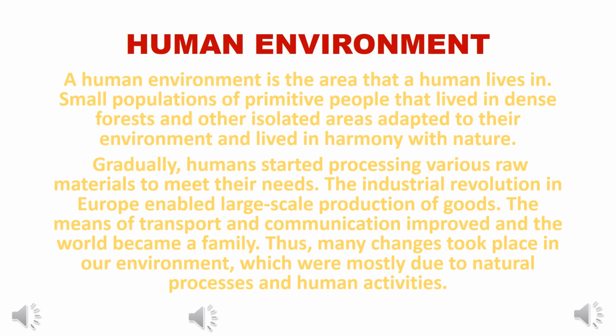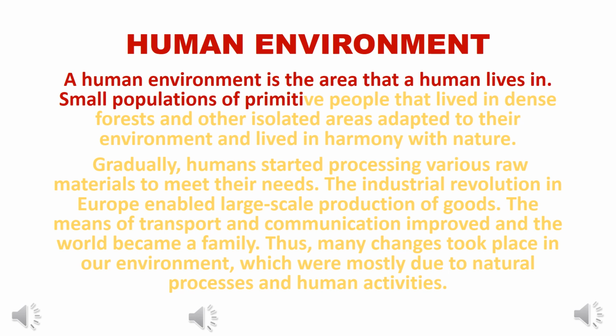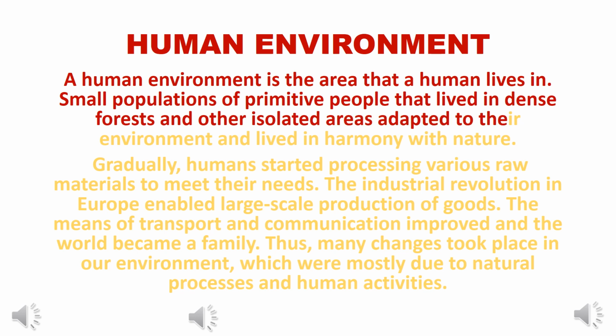Human environment. A human environment is the area that a human lives in. Small populations of primitive people that lived in dense forests and other isolated areas adapted to their environment and lived in harmony with nature.